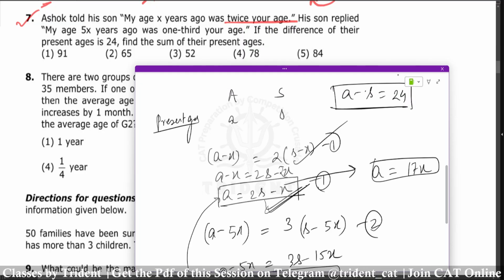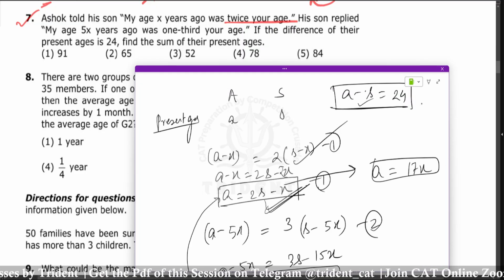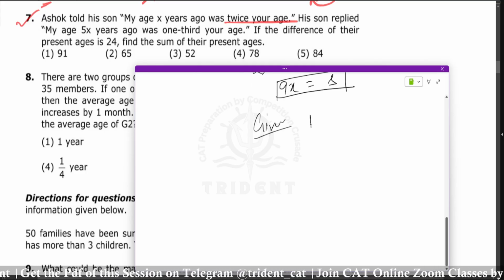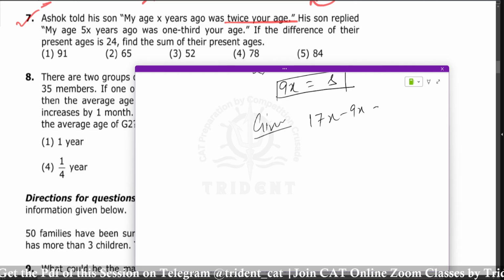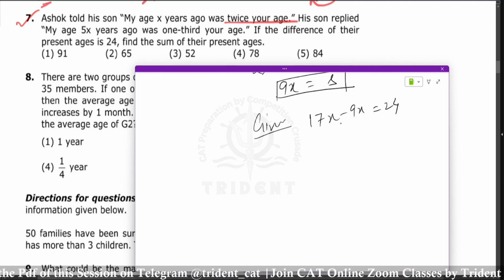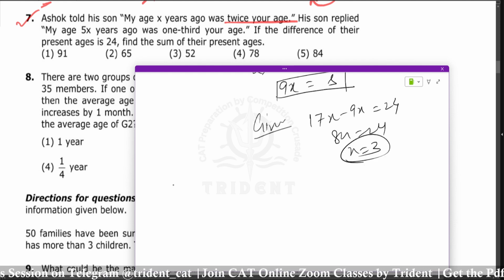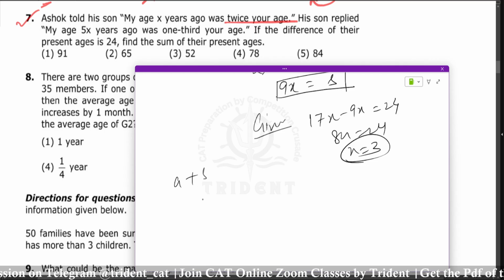What do I know? A minus s is 24. That means 17x minus 9x is equals to 24. This is given, remember. 17 minus 9 is 8. 8x equal to 24, x equal to 3. What is it that they are asking? They are asking a plus s.